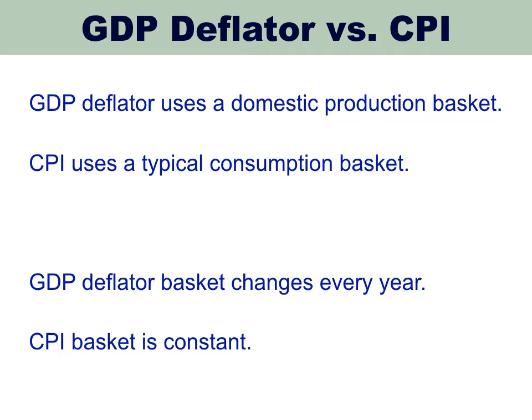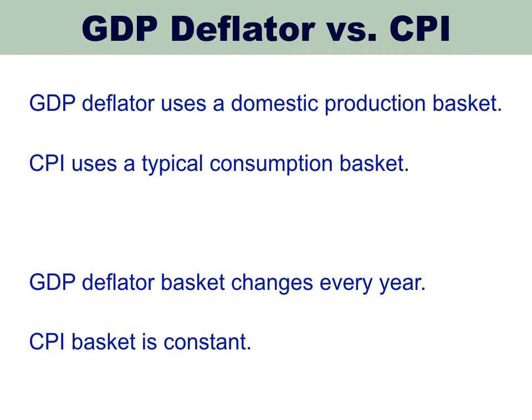The difference between the GDP deflator and the CPI is, well, there are essentially two things, as you can see. The first: the GDP deflator uses a production basket, and the CPI uses a consumption basket. So if you want to write down the short version of the first difference, it is production versus consumption.